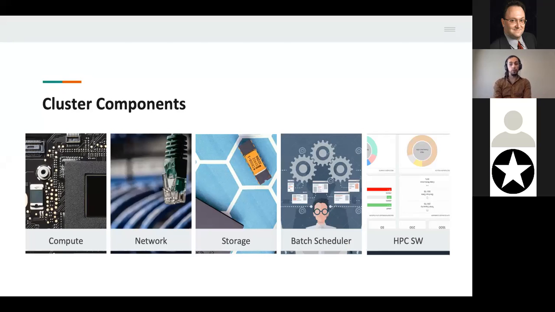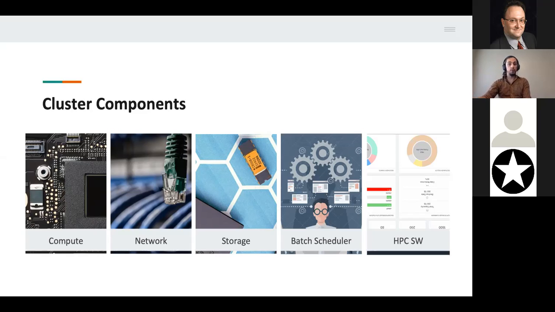Then what kind of networking you are using, and how many networks you have in your cluster. Each HPC provider is different, and cloud providers are completely different compared to on-site HPC centers. Then comes storage. We have maybe 3 or 4 different types of storage for HPC. And then you need something to run your jobs and manage your machines, so that comes the management component of the cluster.